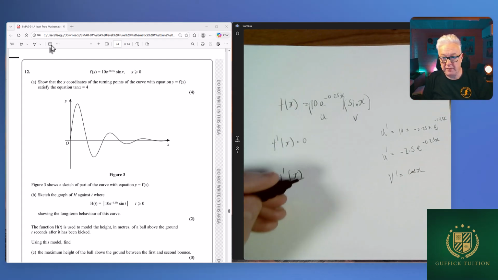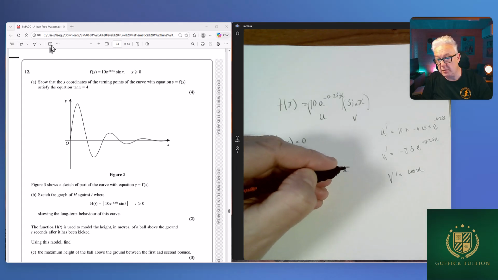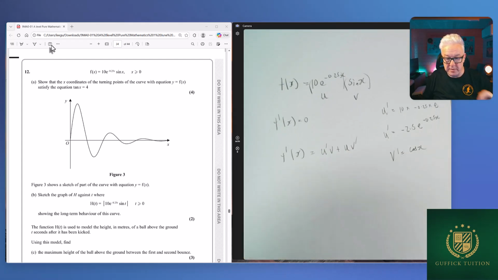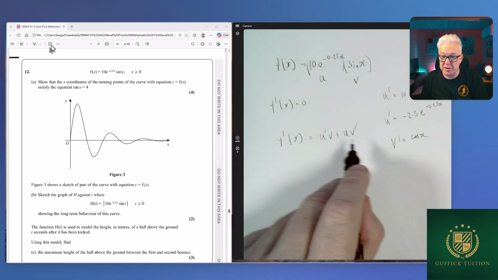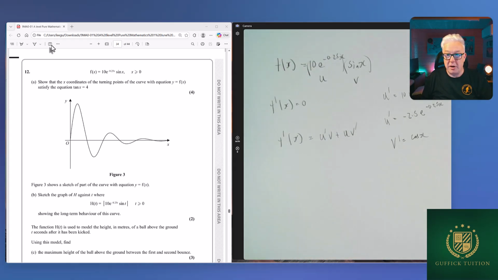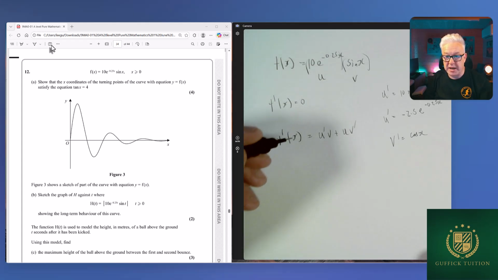Okay, so we've got our u dashed and our v dashed. Now the formula for the product rule is u dashed v add u v dashed. I always seem to remember that back to front for some reason, so you'll most often see it in the textbook the other way round, but it makes no difference because it's an add.